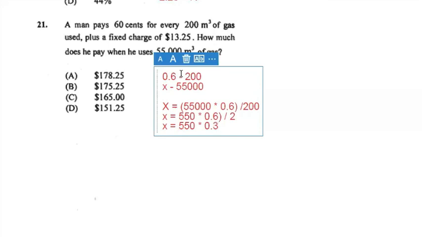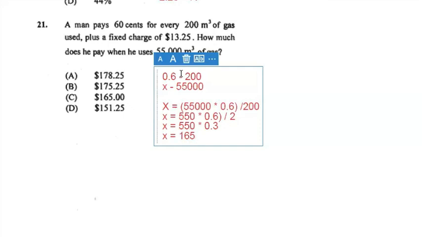So guys, this is the way sometimes you have to break it down in the exam, because you will not have a calculator, so you have to find out the easiest way so you can multiply or divide, add or subtract, or whatever the case may be. So x is equal to 550 multiplied by 0.3, and you'll get $165.